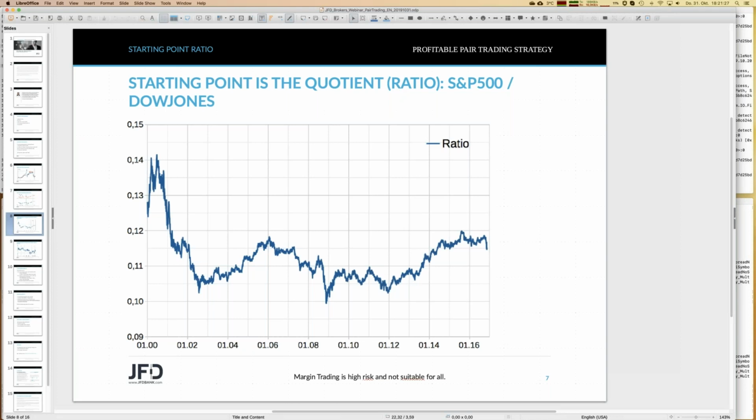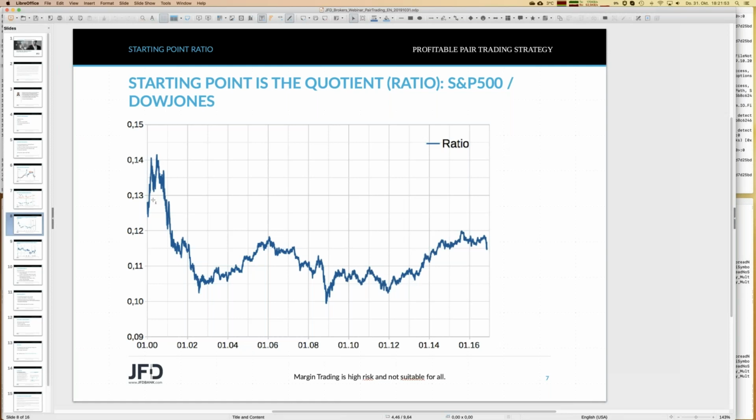We have S&P 500 divided by Dow Jones, so we get numbers close to 0.11, 0.12, about a factor of 8 or 9 between the two. And now we have a clearer picture of what I mean by them following the same line.